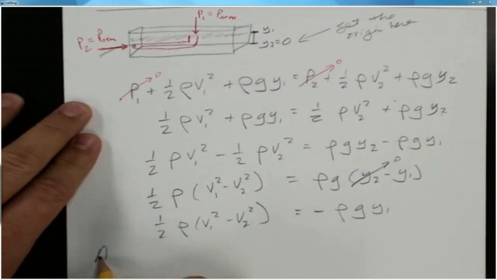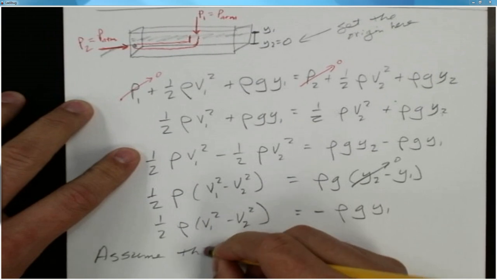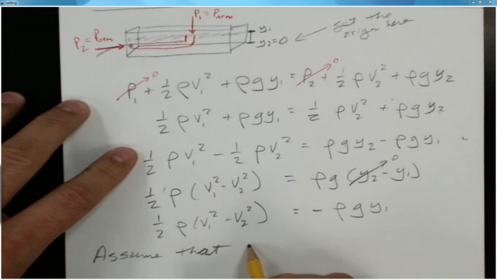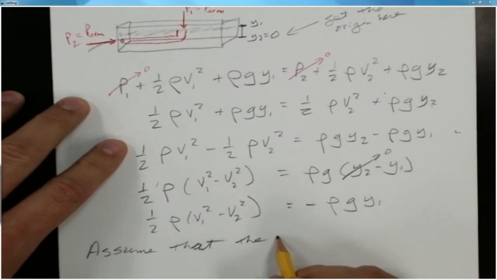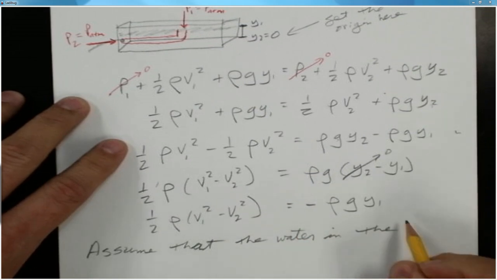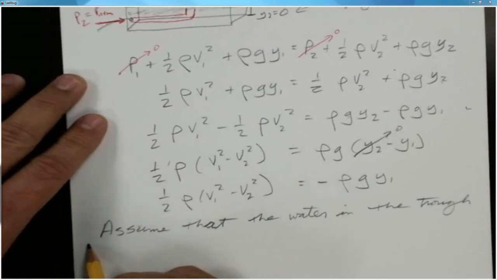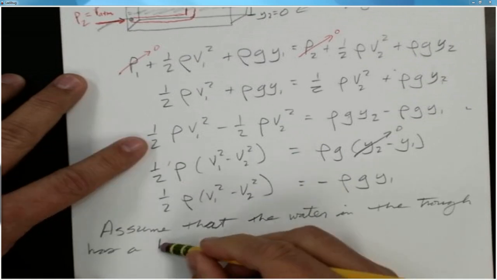So assume that the water in the trough has a huge volume.